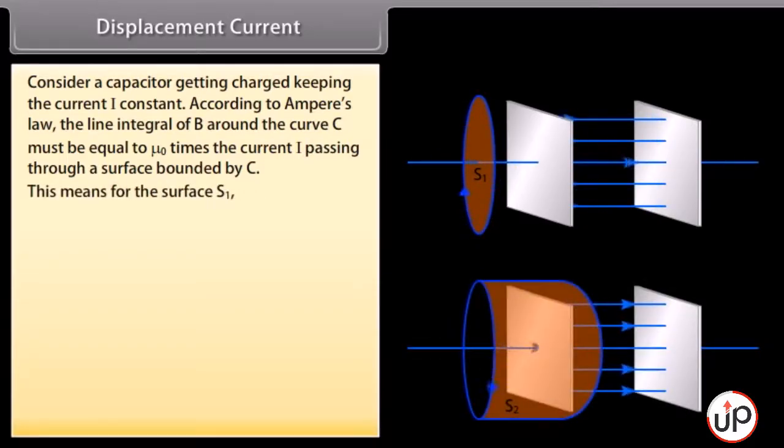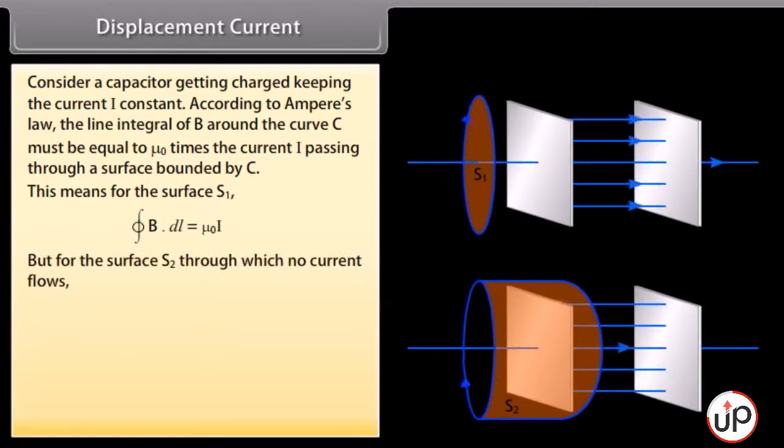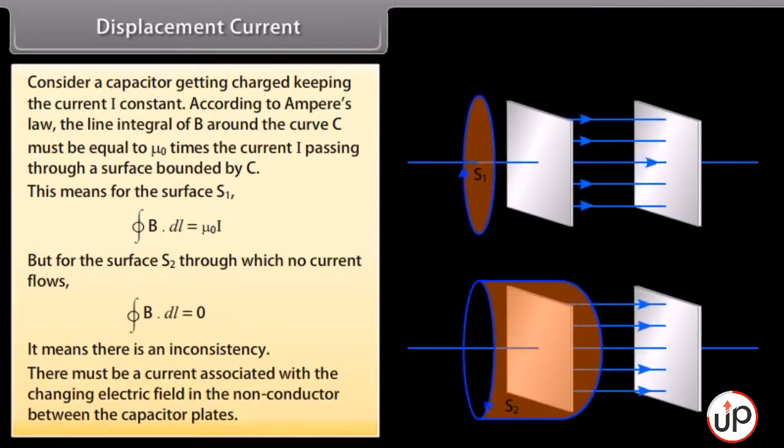This means for the surface S1, closed integral of B dot dl is equal to mu naught I. But for the surface S2 through which no current flows, closed integral of B dot dl is equal to 0. It means there is an inconsistency. There must be a current associated with the changing electric field in the non-conductor between the capacitor plates.